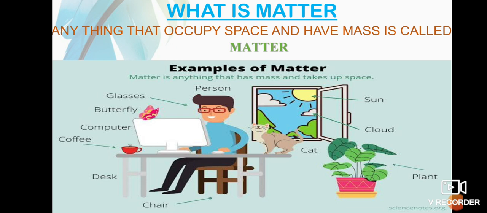See a person sitting in a room, and around him some butterfly, computer, coffee, desk, chair, everything comes under matter. Everything, even a tiny particle, is considered matter because it occupies some space in the universe, in the earth, in the air, anywhere, and has mass.